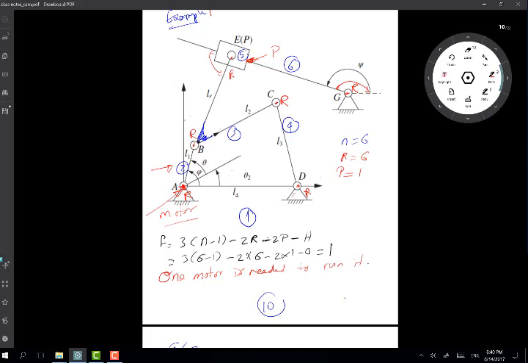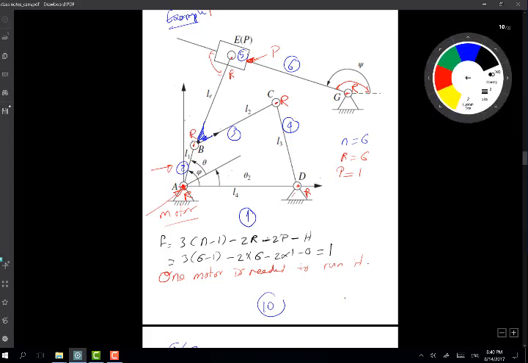Now I can also say that one parameter is needed to describe the position of any link in the linkage. For example, this parameter here, the angle of the link which I expect the motor to be connected to, angle phi. Later on I'll be able to calculate the position of any point, for example point C, the X and Y of point C, and also the angle of any other link, for example the angle psi here.